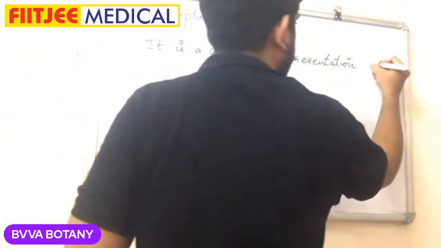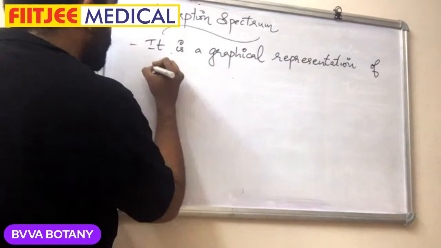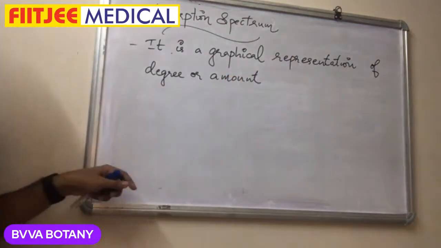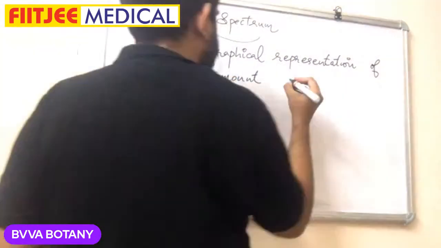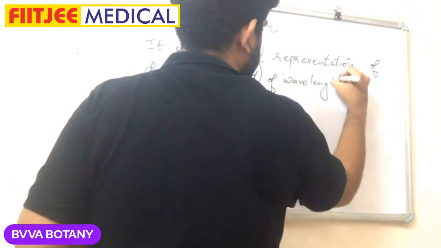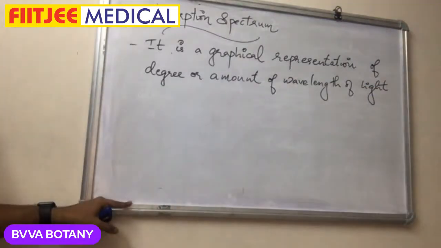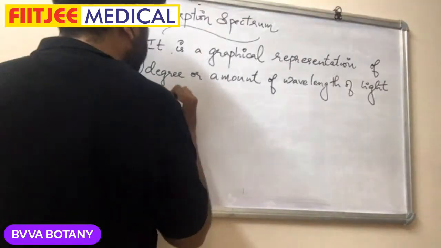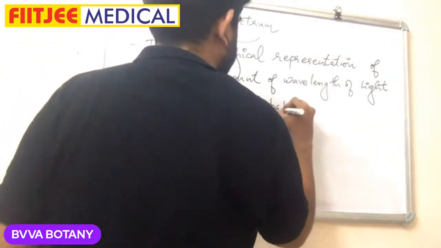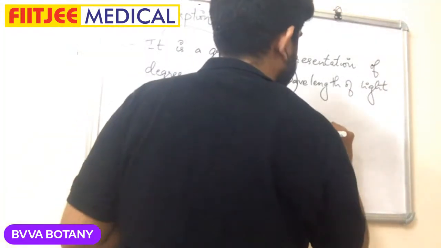It is a graphical representation of the degree or amount of wavelength of light absorbed by a substance, and here the substance is the pigment.